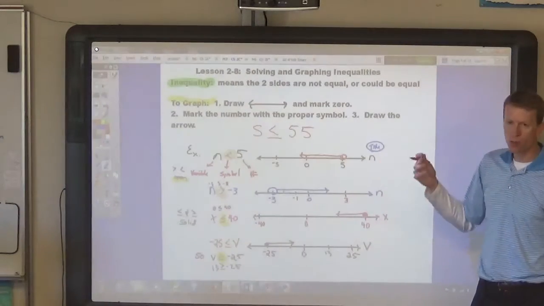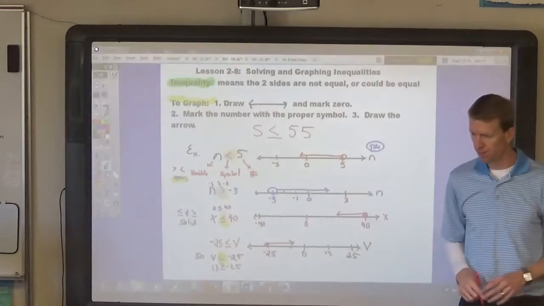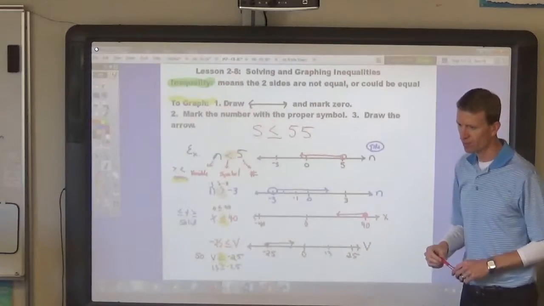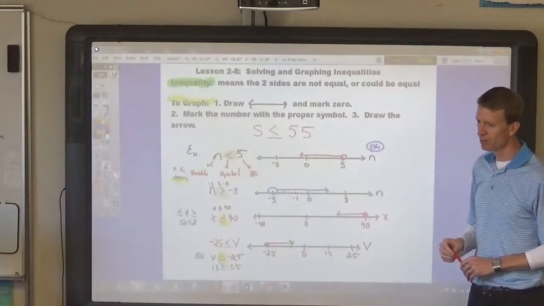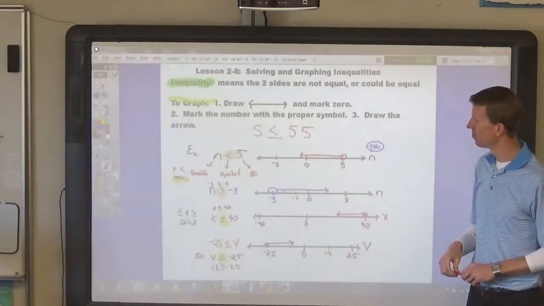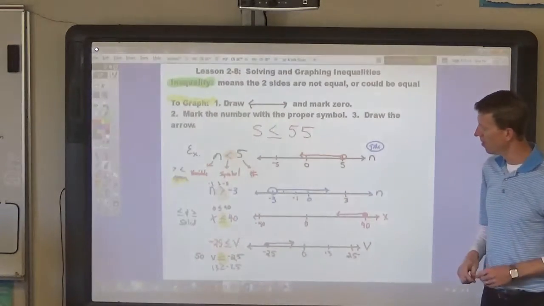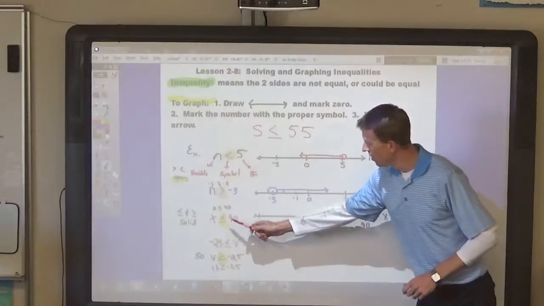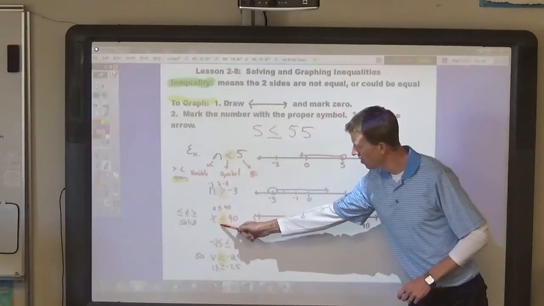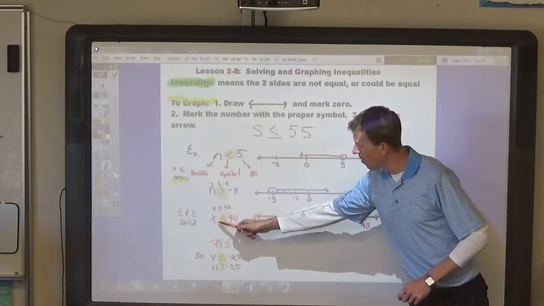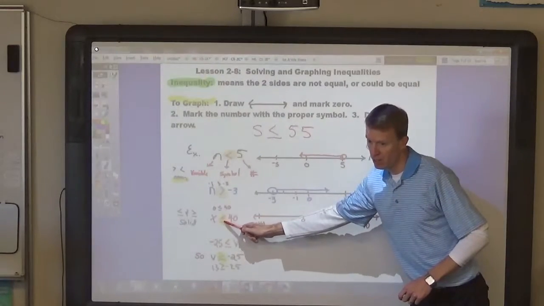Now, how do you know which one to use? The open one has both of the arrows pointing at each other, with the tips pointing at each other. And the solid one has the tips pointing at each other, and it has the line underneath.